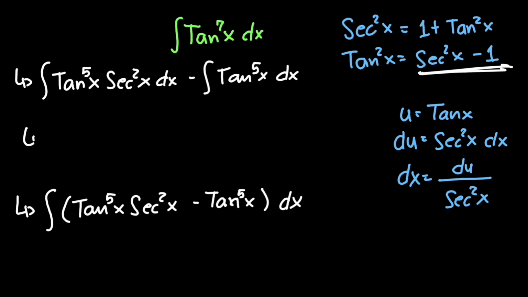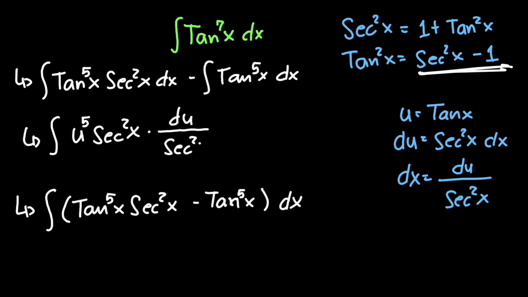So this would be the integral of u to the power of 5 multiplied by secant squared of x multiplied by the value of dx, which would be equal to du over secant squared of x, and copy the rest, which is minus the integral of tangent to the power of 5 of x dx.